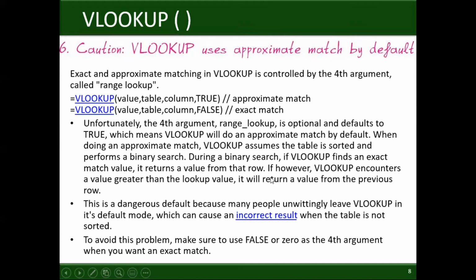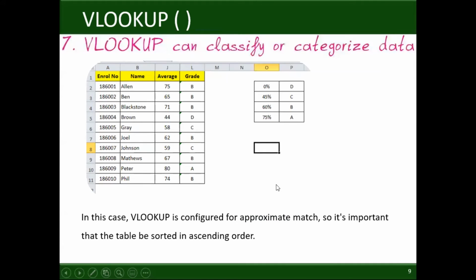Next, we discussed approximate match and also viewed an example. If you use approximate match, the first column of the table array must be in ascending order. Then only do you get the correct result. If you omit the fourth argument or give 1 or true in VLOOKUP, it is approximate match.